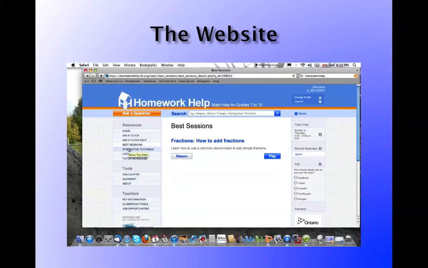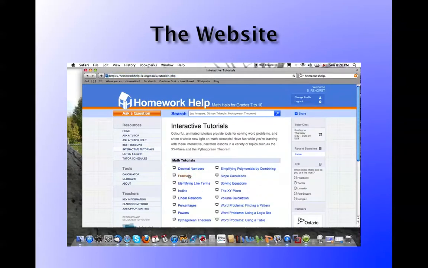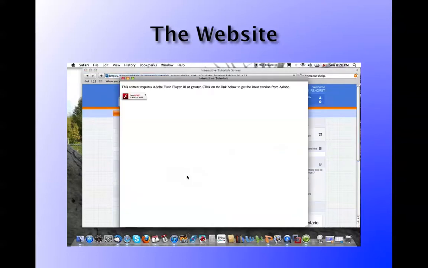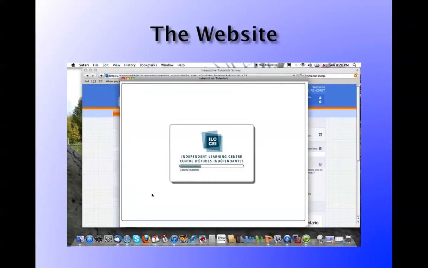The next thing I want to draw your attention to is the interactive tutorials. Again, we're going to stick with fractions. And this is a lesson that you could show in your classroom. I'm just going to click on Learn and let you hear it go through this so you get an idea of how this could be effective in your classroom as well.